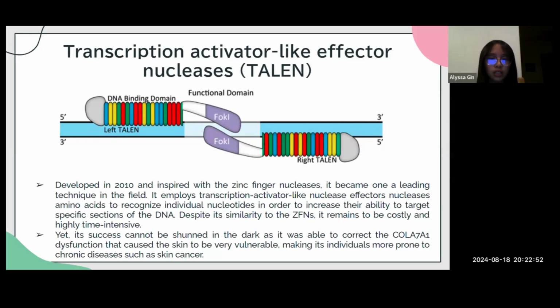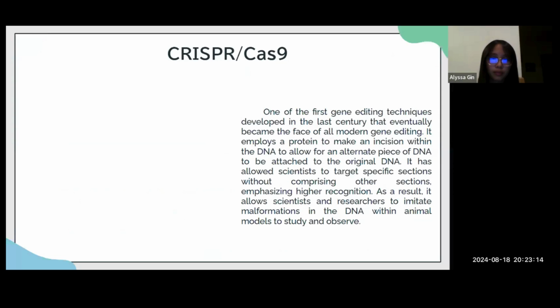Despite its similarities to the ZFNs, it remains costly and highly time intensive. Yet its success cannot be overlooked, as it was able to correct the COL7A1 dysfunction that causes skin to be very vulnerable, making individuals more prone to chronic diseases such as skin cancer.